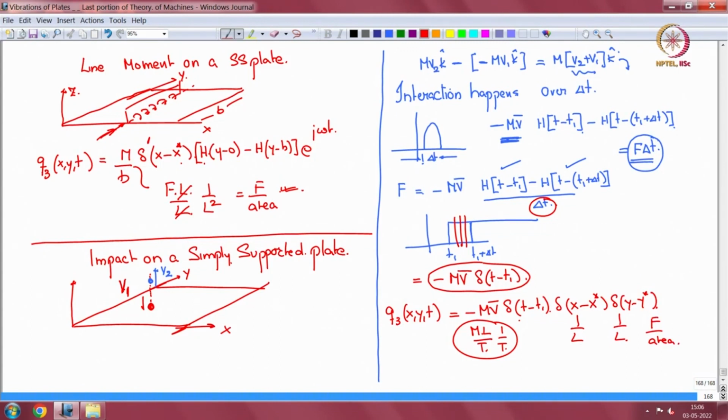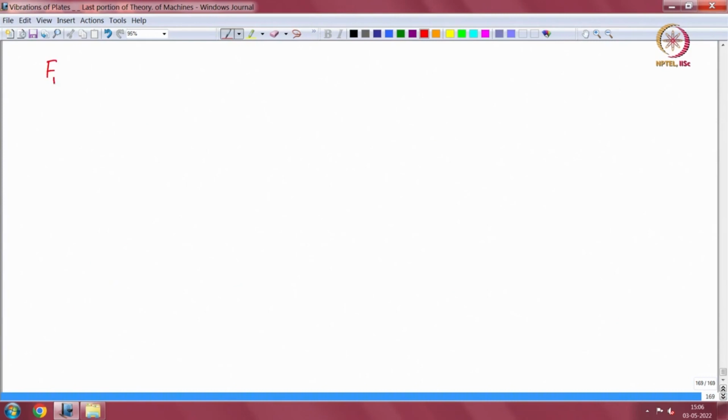Okay. So now if we actually try to find the transient fmn(t), that looks like minus mv bar, okay, 4 by rho h a b, delta(t minus t1) sine m pi x star by a sine n pi y star by b, okay, and so this is fmn.